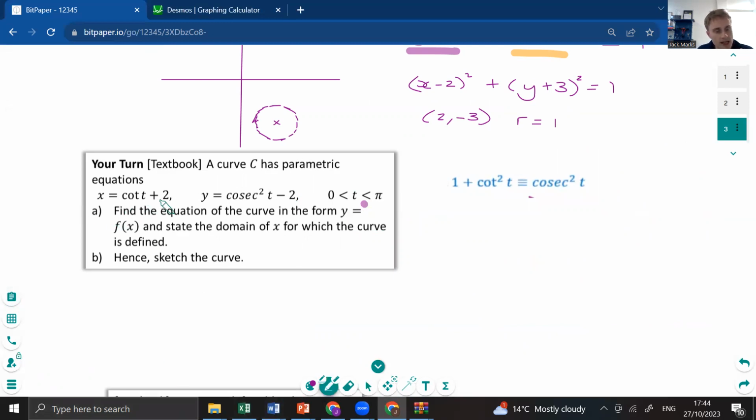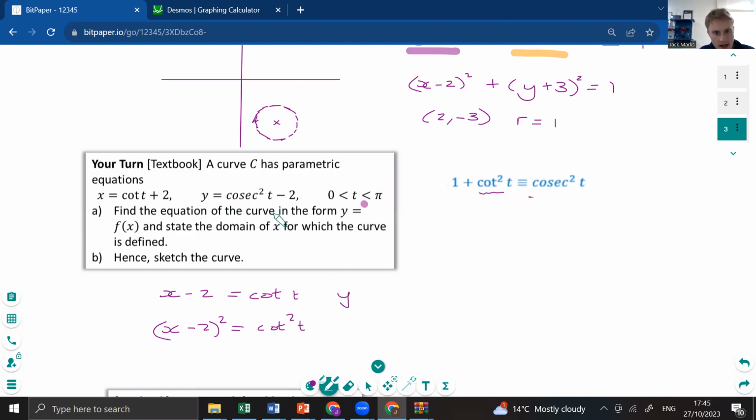x equals cot t plus 2. So I could manipulate that so that I had cot squared. Cosec squared minus 2. Well, I've kind of almost got that. So let's get these pieces ready then. So x minus 2 equals cot t. If I square both sides, I will get x minus 2 squared equals cot squared t. Okay. Let's do the other one as well.